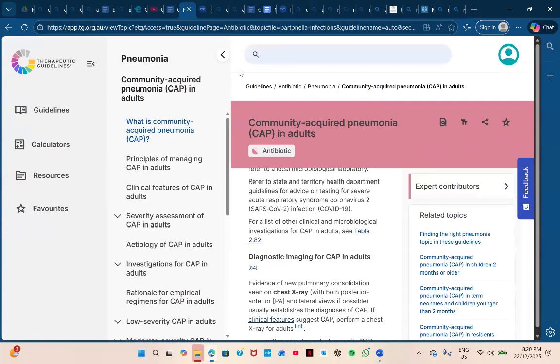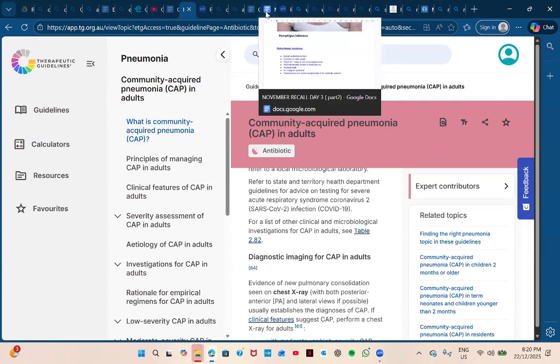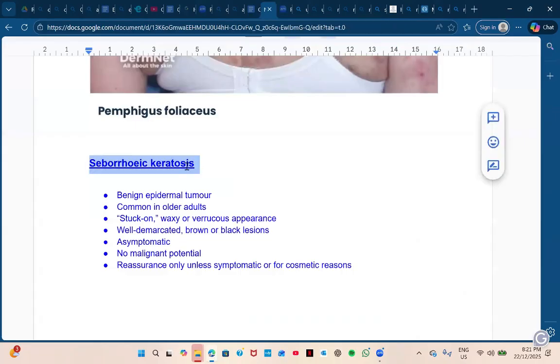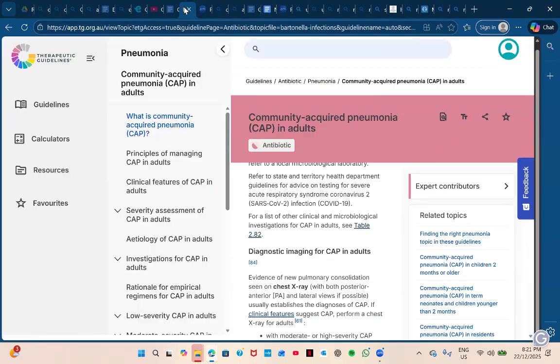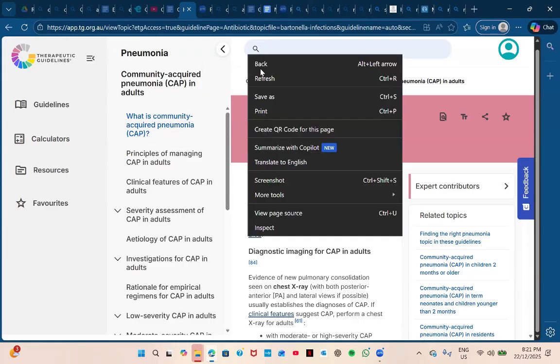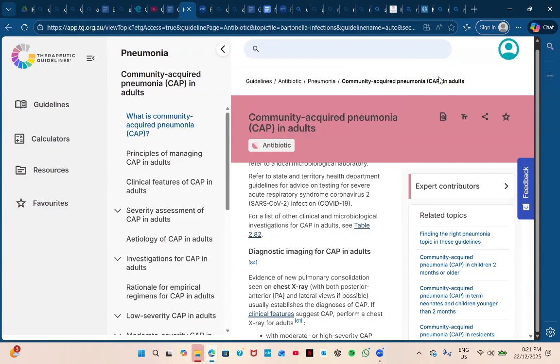How is your derma knowledge? Is it good? What do you think? Okay, second. Can't search. I don't know, doctors.